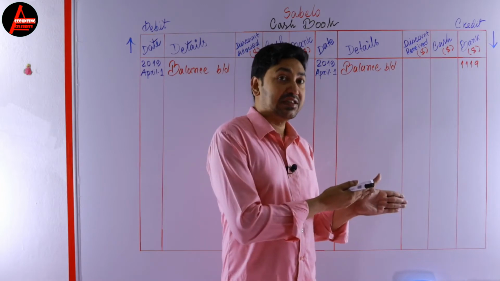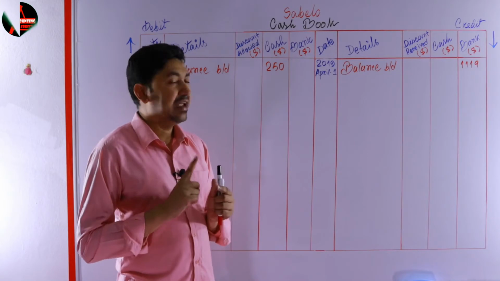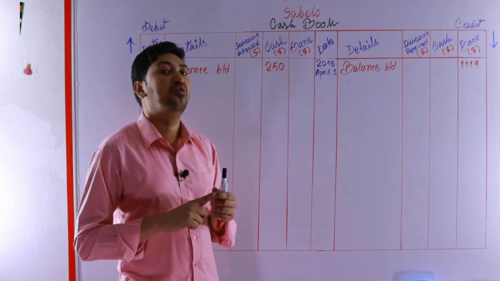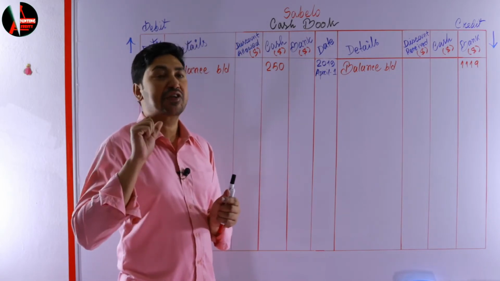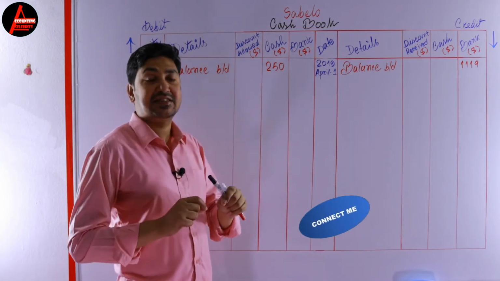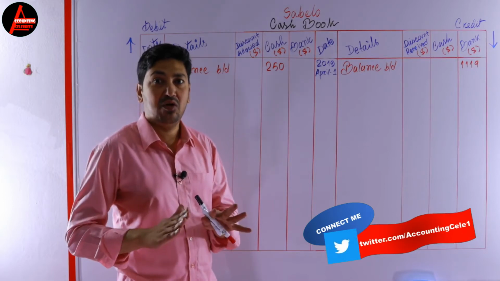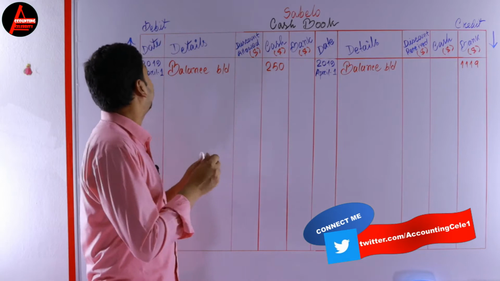Before we start, remember two things. Number 1, increase. Number 2, decrease. If your cash balance or bank balance is increasing by any means, then you have to record it on the debit side.